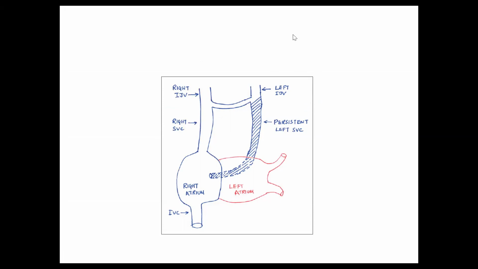We give contrast to the patient's left arm. So this part is blocked or obliterated, and the whole of the contrast will come and opacify first the dilated structure and then the right atrium. What does it mean?